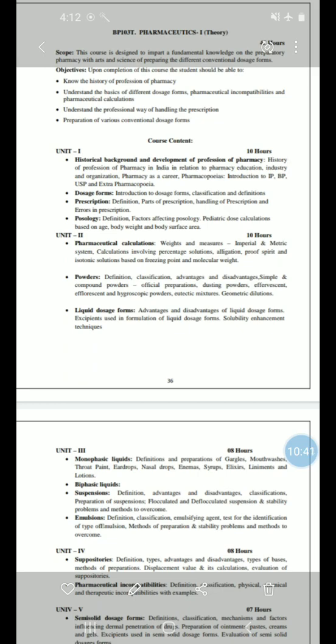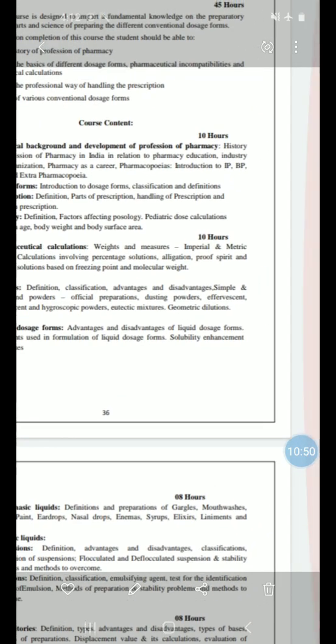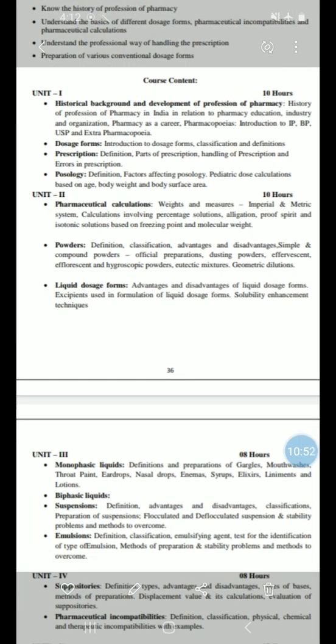In powder we will see in detail definition of powder, then classification of powder, advantages of powder, then different classifications of powder, then also different official preparations of powder, for example dusting powder, effervescent powder, then hygroscopic powder, then also eutectic mixtures and the geometric dilutions.